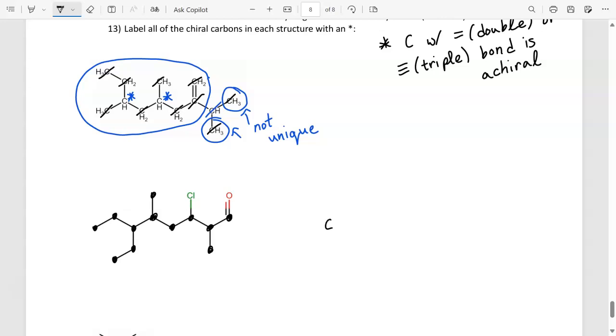We've got 1, 2, 3, 4, 5, 6, 7, 8 carbons. That last carbon has a double bonded oxygen. The third one over has a chlorine.